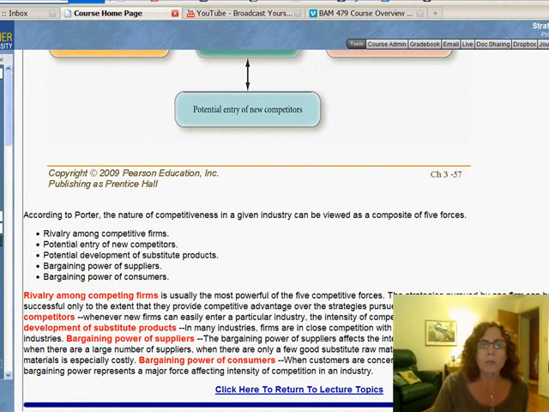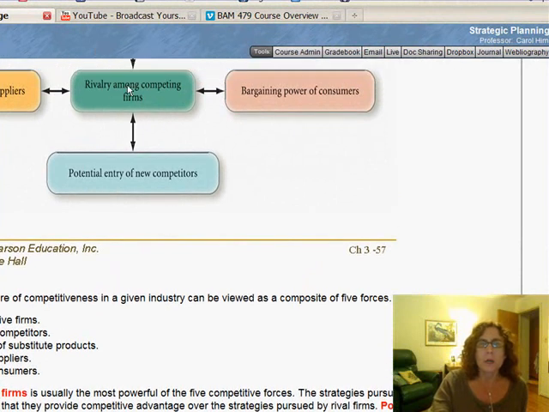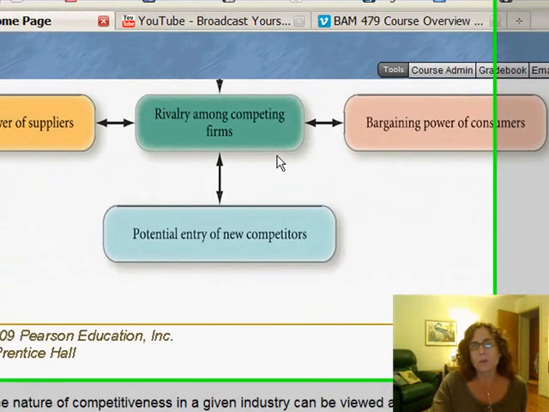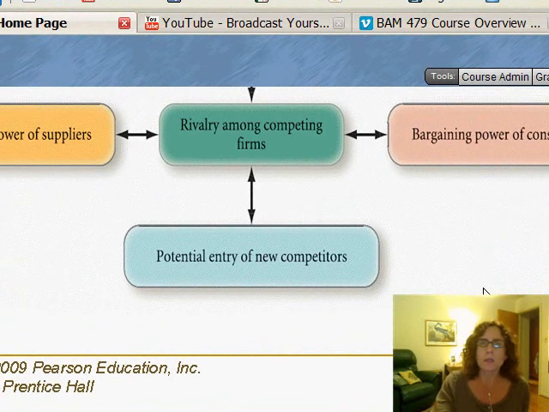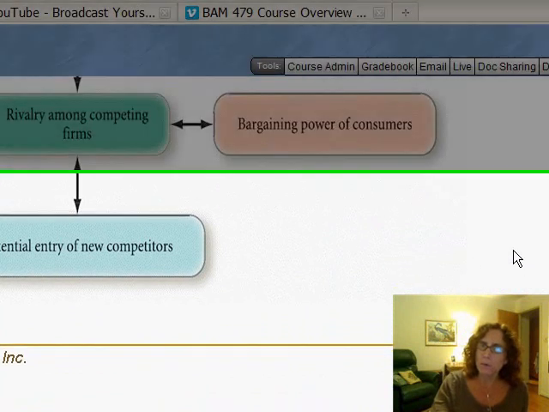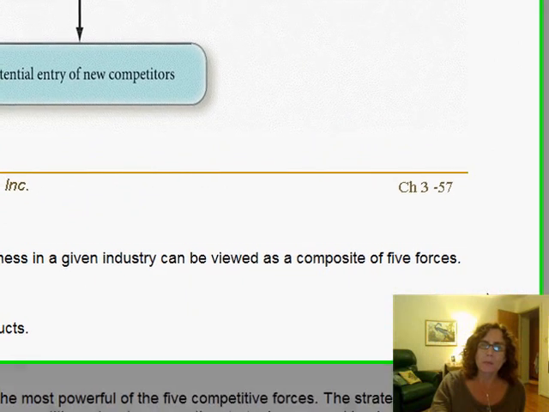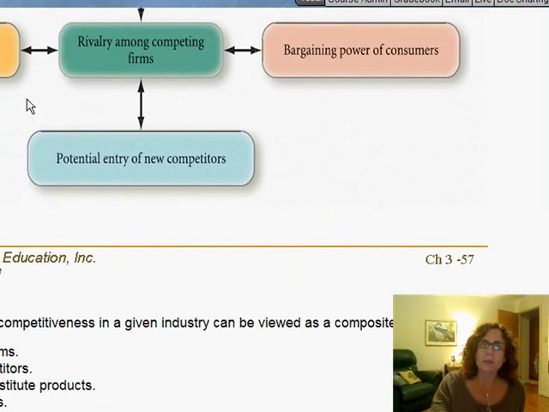So rivalry among competing firms, which is the first element here, I think is pretty straightforward to students. You take a look at your company and its key competitors in the industry, and you get a sense of how fierce that competition is, and I'm sure that you would have several things to say about that.